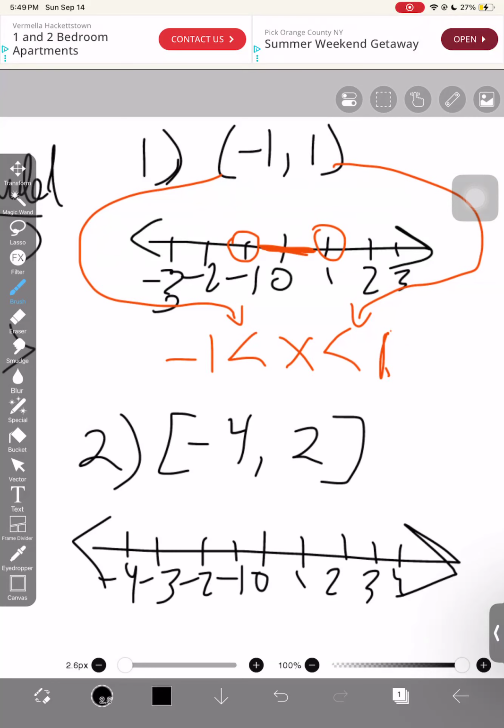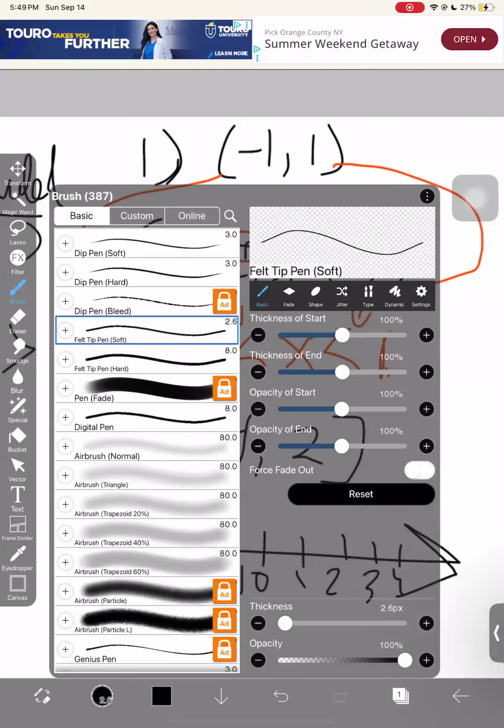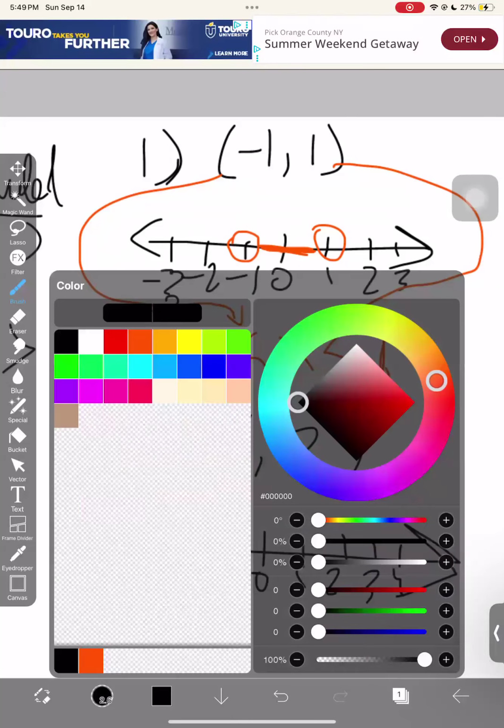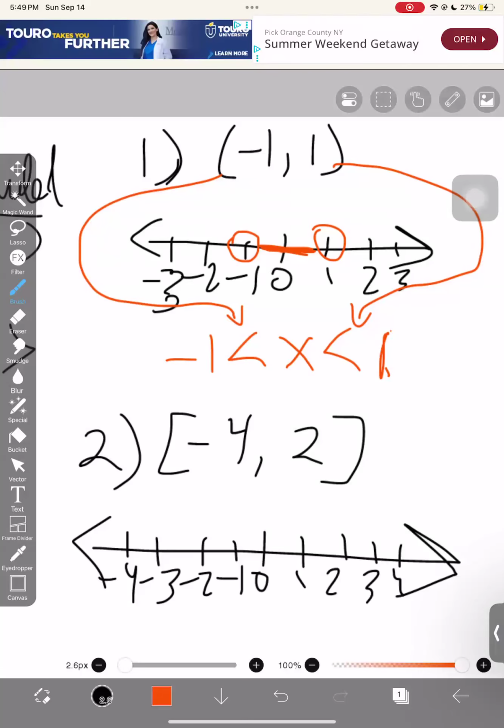And so what does that tell us? It tells us that our number has to exist between -4 and 2. But since it's brackets, we can include. Our x can be -4, and that's why we use a dark circle, and it's all the numbers in between.